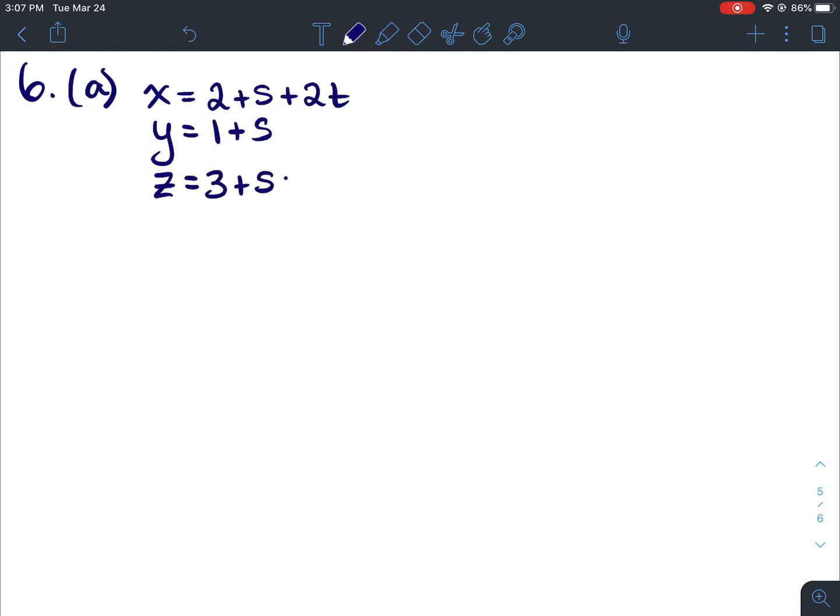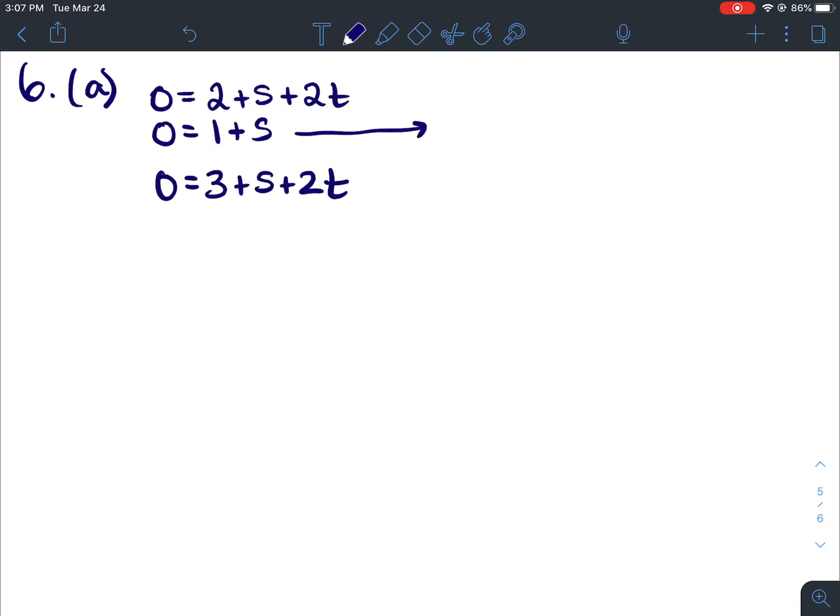If we replace x, y, and z with all zeros, because the origin is at 0, 0, 0, we just need to solve these and see if the s's and t's are consistent.